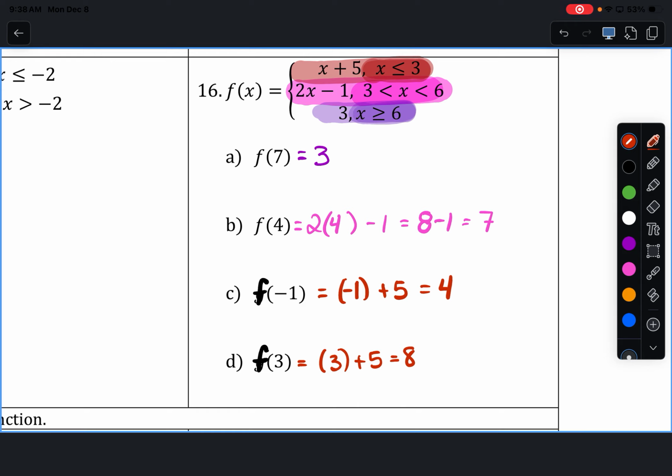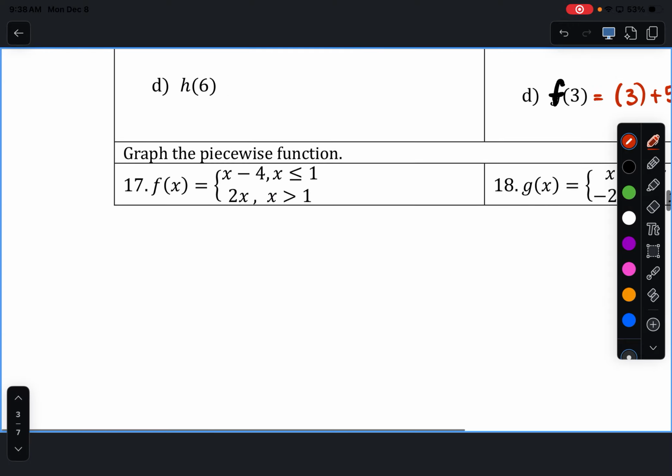Okay. Now, we are going to look at graphing piecewise functions. We are going to graph each piece. Remember, you need a good eraser for these. So my format is slightly off, so let me fix that real quick so that we can look at it.